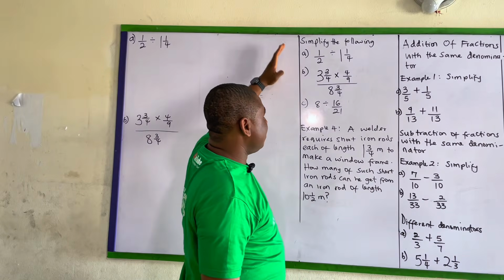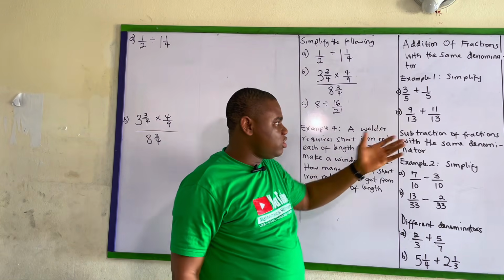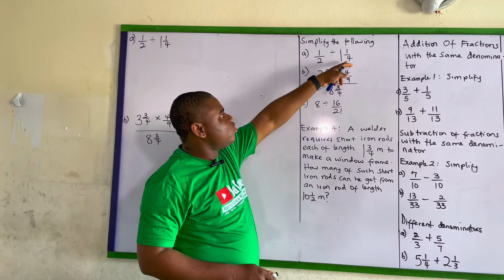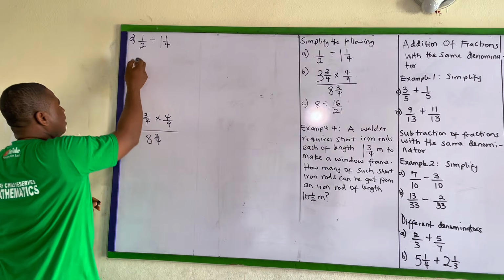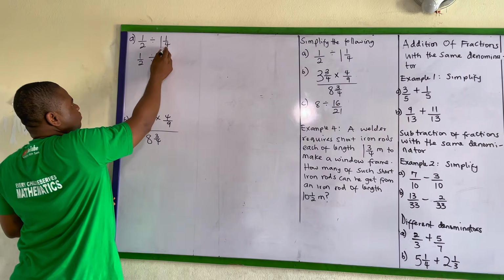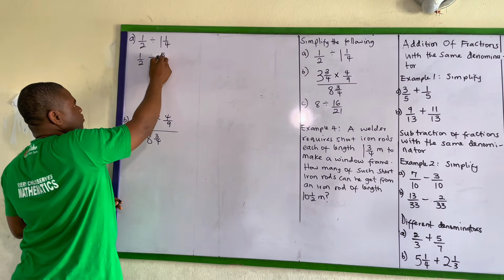All right, now the next set of examples, I'm going to use ABC to explain multiplication of fractions and division with fractions. Now the first one we have 1 over 2 divided by the mixed number 1 and 1 over 4. So in this case I have 1 over 2 divided by, 4 times 1 is 4 plus 1 is 5 over 4.